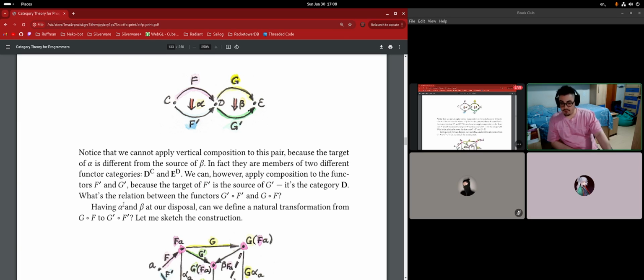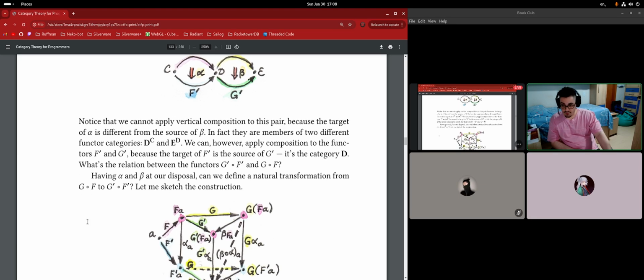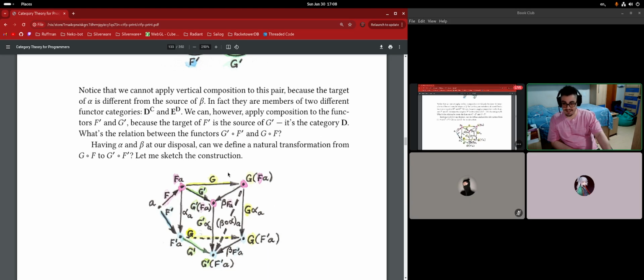Having alpha and beta at our disposal, we can define a natural transformation from those. Here's the sketch. Let's go a little by little. If you have a and you apply F, you go to F of a. If you have a and you have F prime, you go to F prime of a. Suppose you have a natural transformation going from F of a to F prime of a.